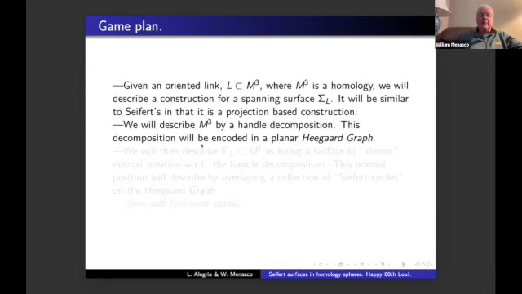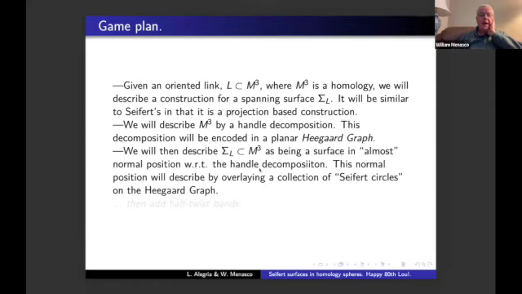I've got to describe the three-manifold. It's going to have a handle decomposition, and that handle decomposition is going to be captured by a planar graph that I'm going to call the Heegaard graph. We're going to take the knot or the link and put it in a normal position inside the three-manifold.